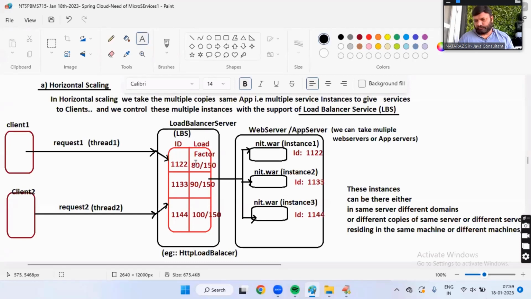Are you understanding my statement, guys? Who decides? LBS will decide.